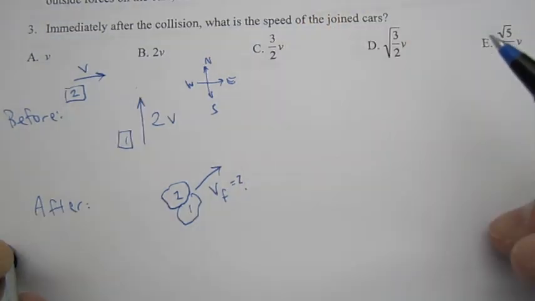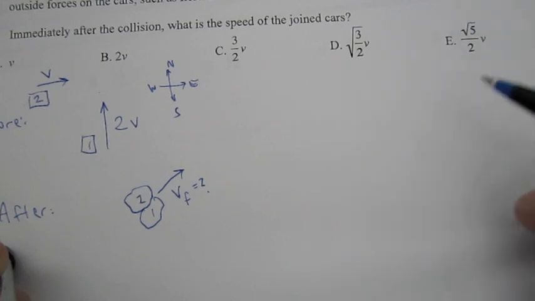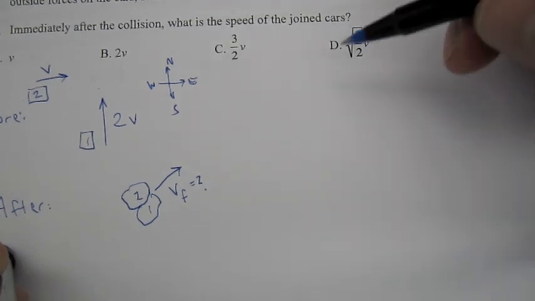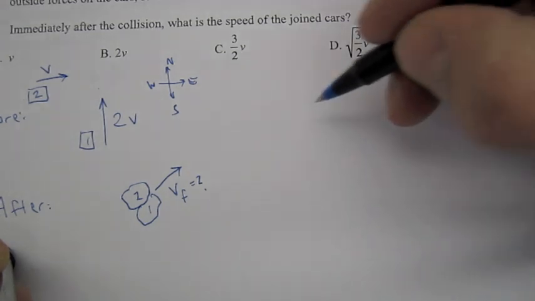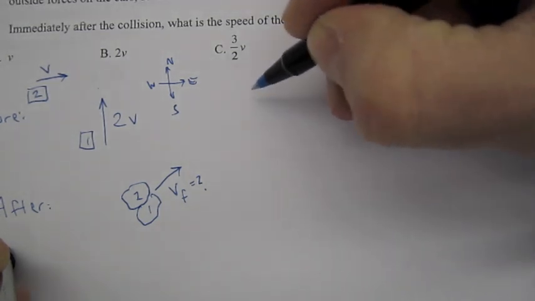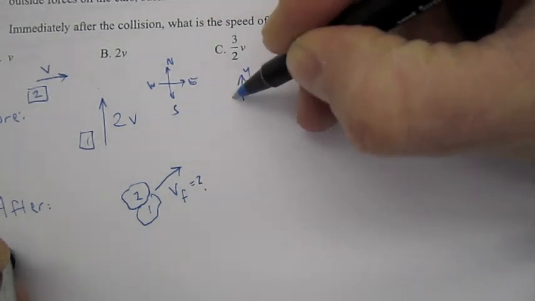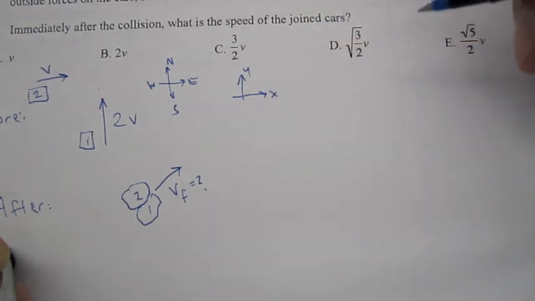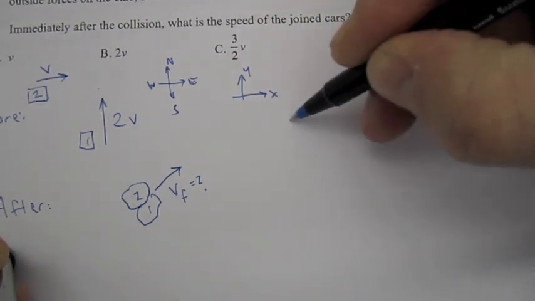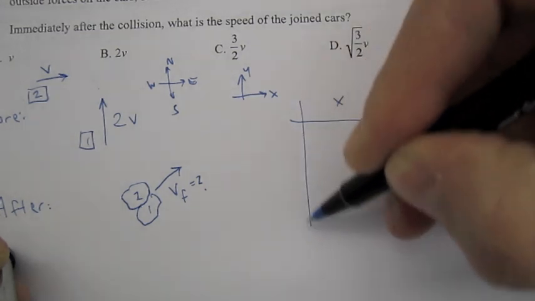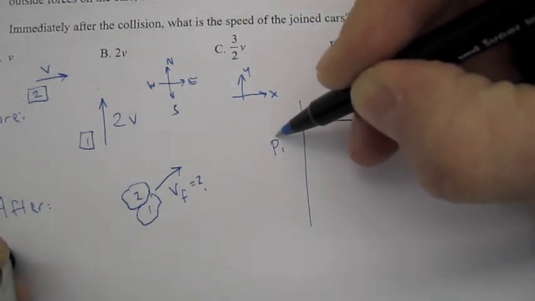So we know that momentum is conserved, and so final momentum equals initial momentum, but there's two components. So let's set y to be along north and positive x to be along east, and we'll keep track of the components x and y of P1.